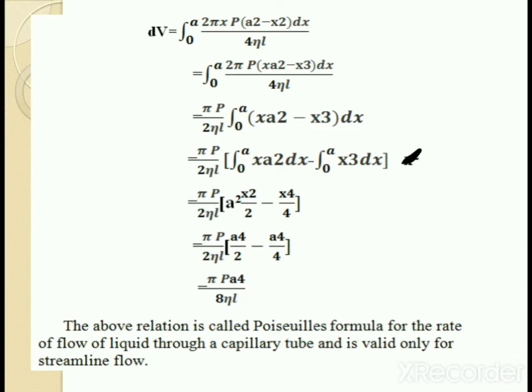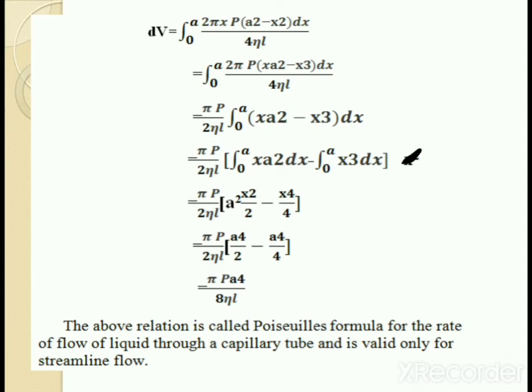Now first multiply the term x into the brackets, then the equation becomes integration 0 to a of 2πP (x a² − x³) dx upon 4ηl. Now next step, take the constant term out, that is πP upon 2ηl.